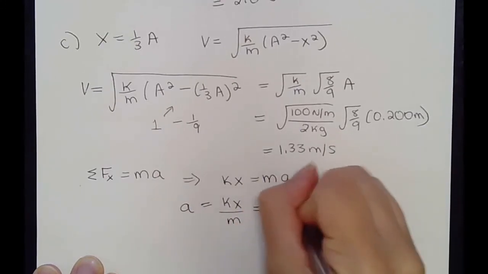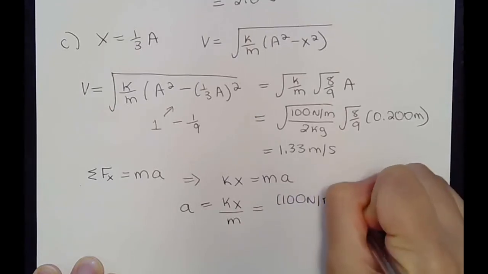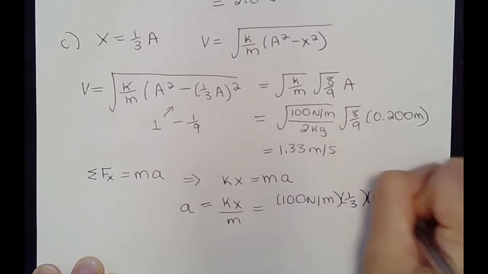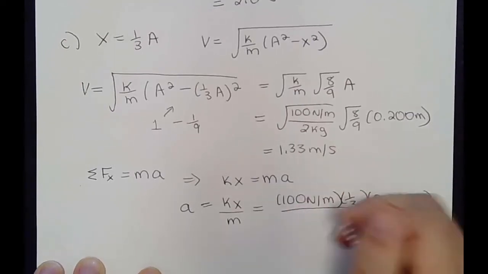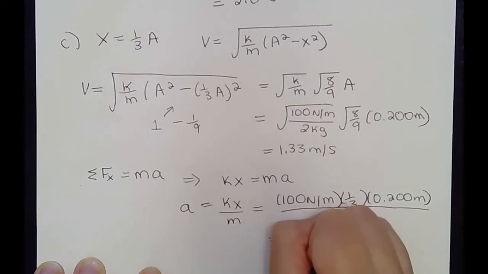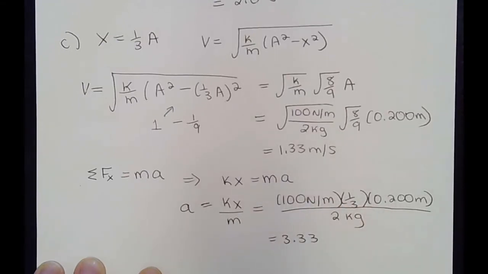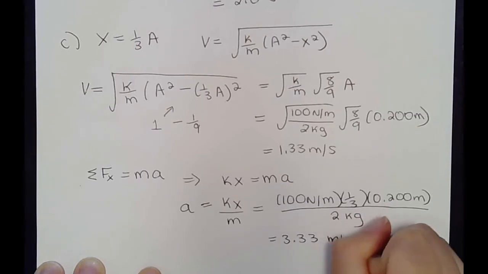So that's 100 newtons per meter times 1/3 of 0.2 meters, since it's still at 1/3 A, over 2 kilograms, to give an acceleration of 3.33 meters per second squared at that point.